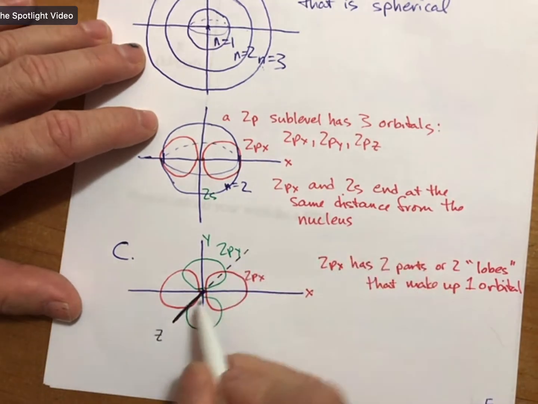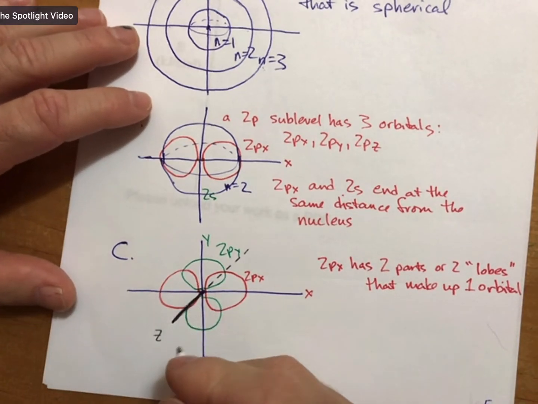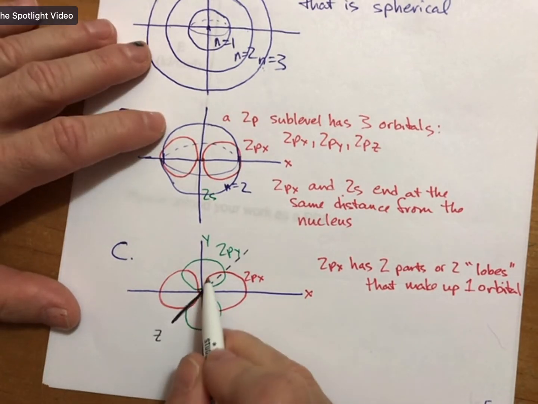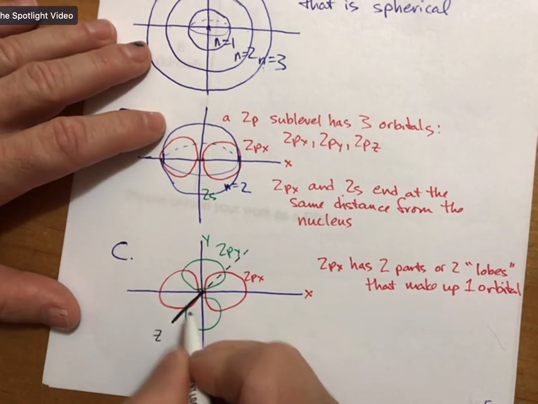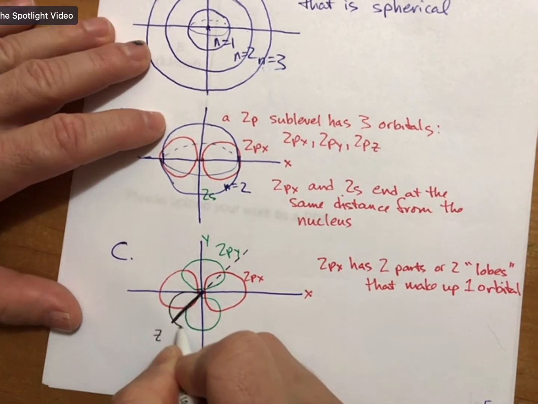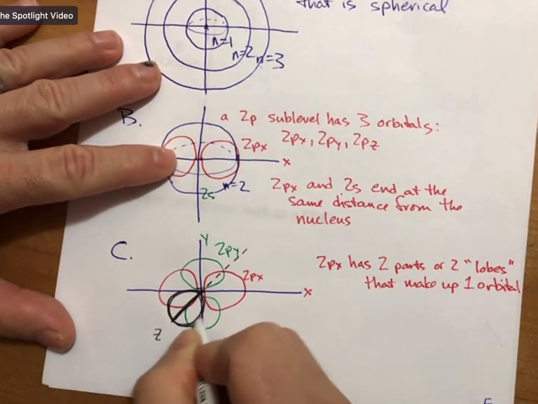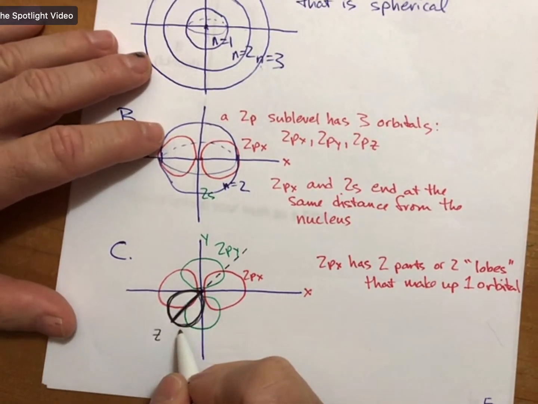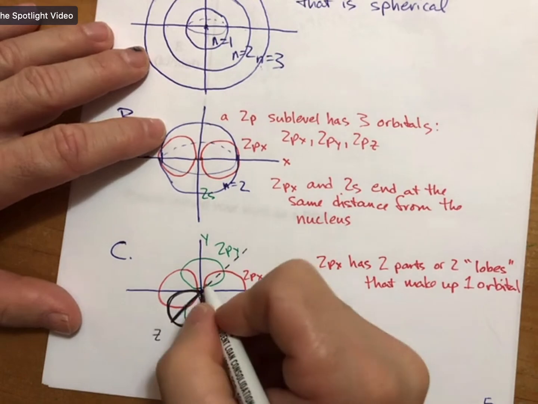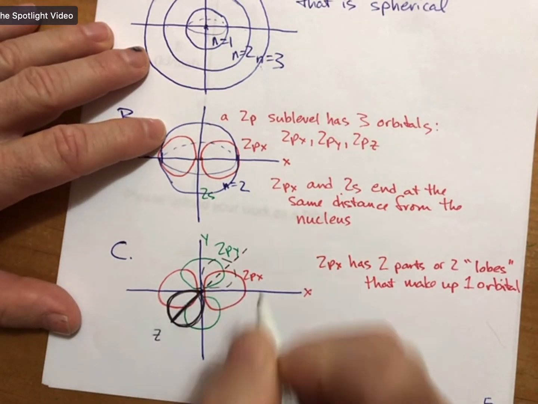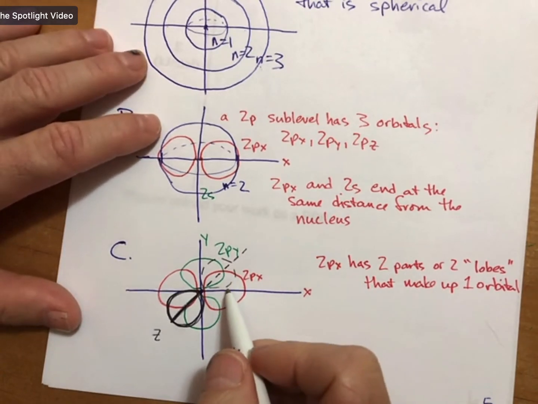So this z-axis is perpendicular to the page. That's very hard to draw on the page though. Then we're going to draw the exact same shape along the z-axis. It's going to look very thick when it comes out of the page at us, and then it's going to be dashed as it goes back behind the page.